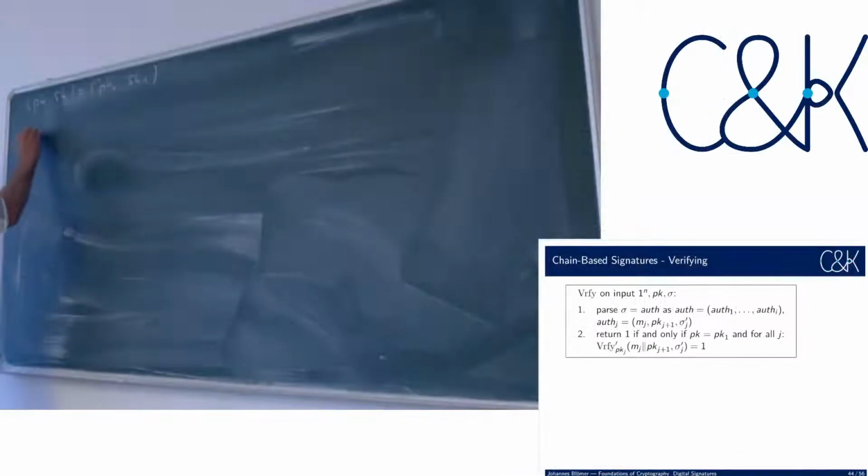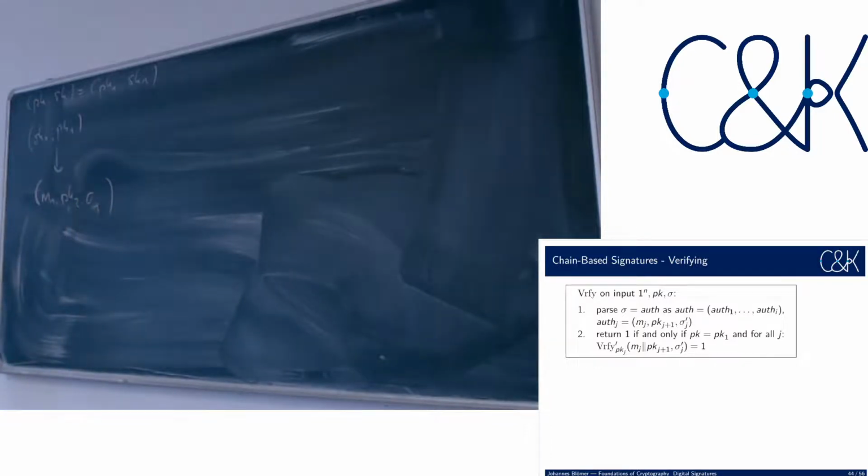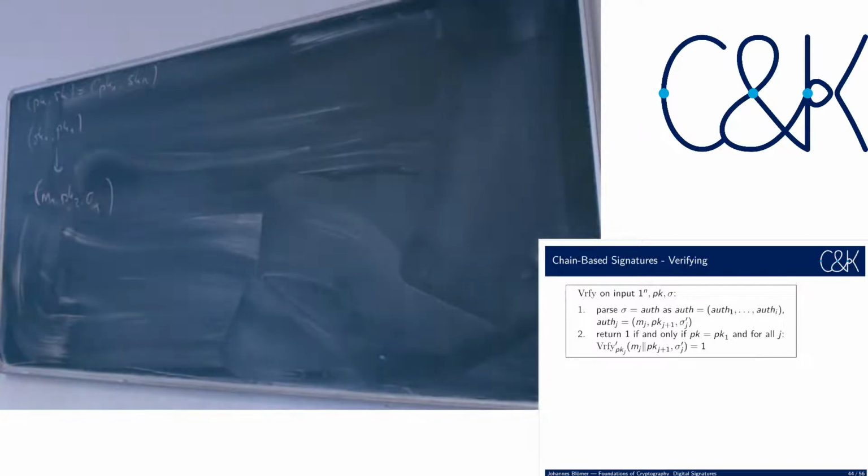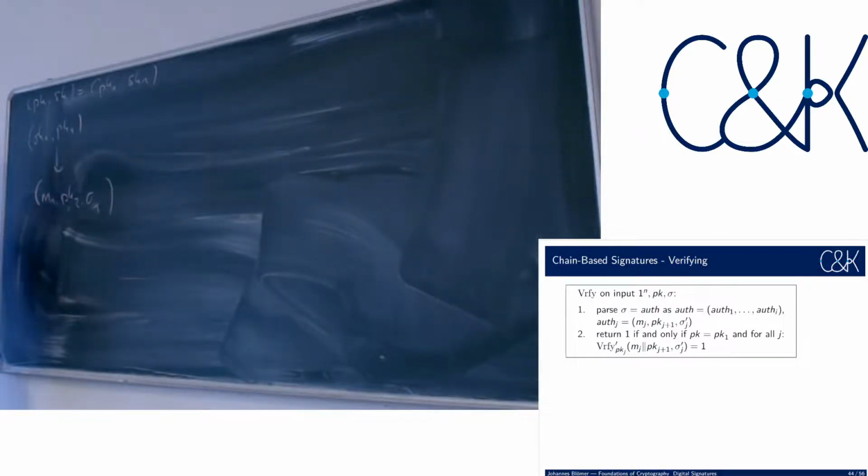Then using SK1, PK1, you authenticate M1, PK2 using this sigma 2, sigma 1. Now this PK2 is authenticated with PK1.